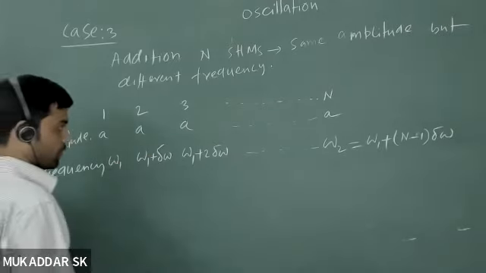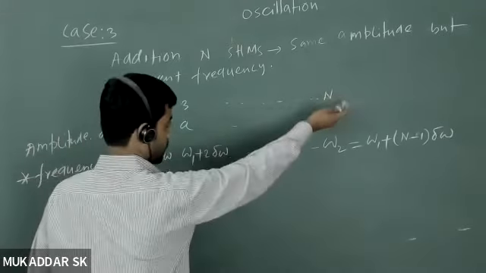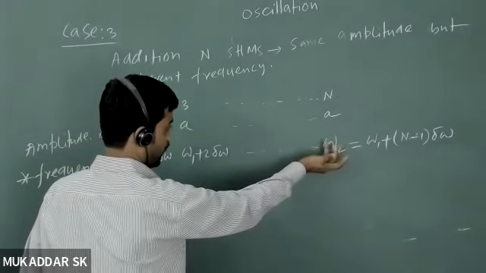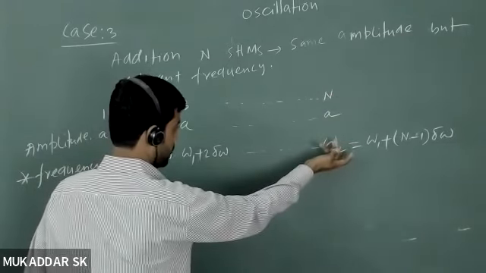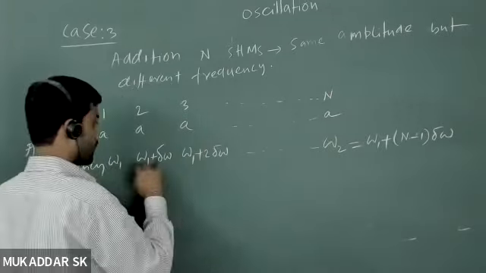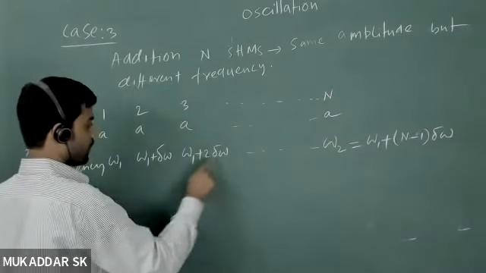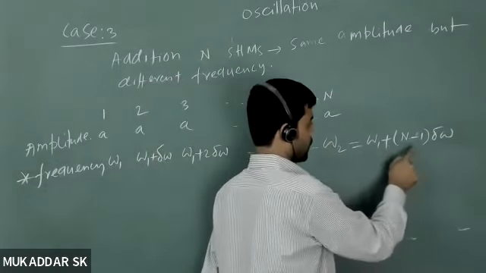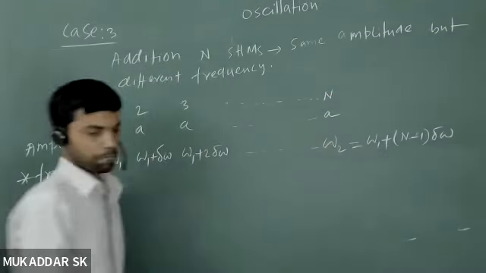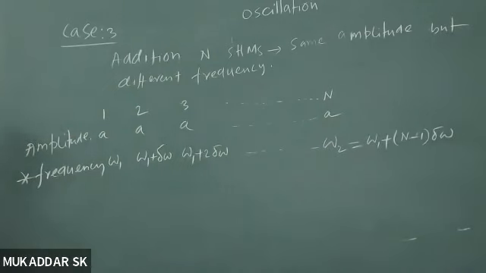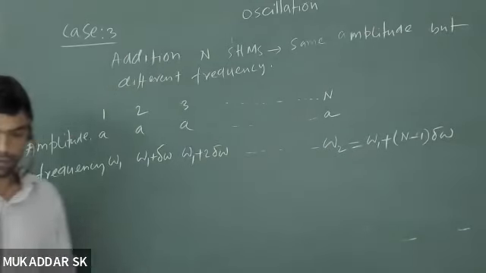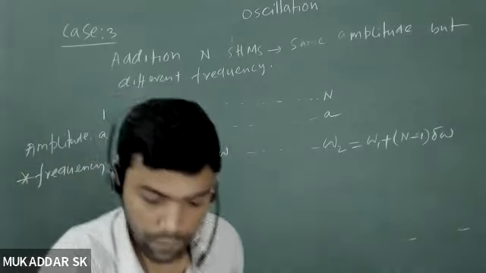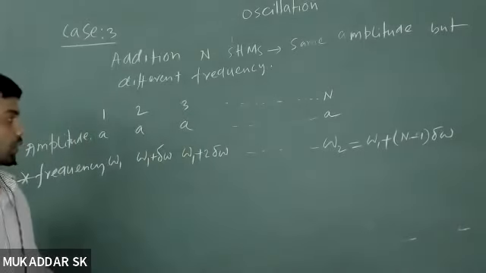The frequency of the last, nth oscillator is omega 2, so I can represent omega 2 in terms of omega 1 and delta omega. Because this is an AP series, for the nth oscillator it will be omega 1 plus (n minus 1) delta omega. Is this part clear to all? Yes, sir.